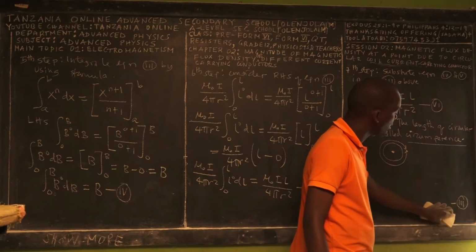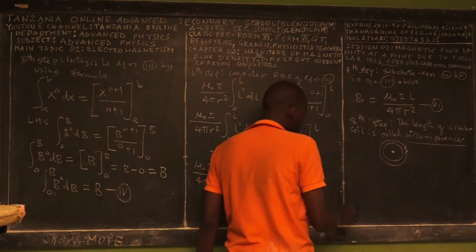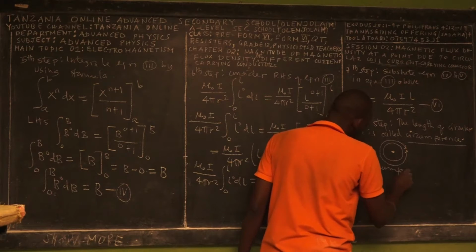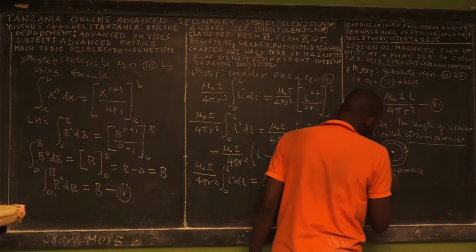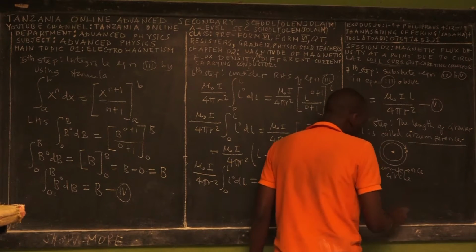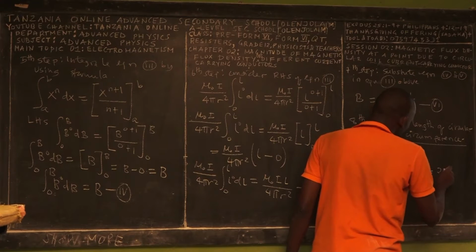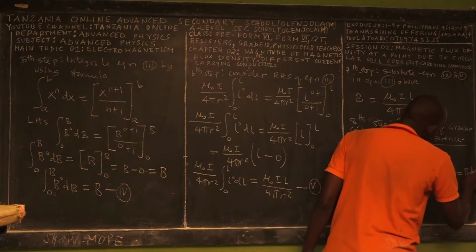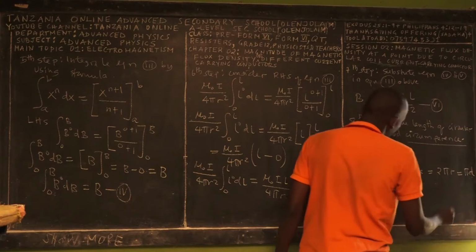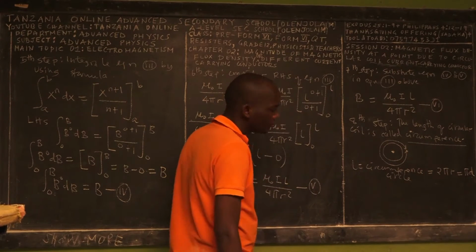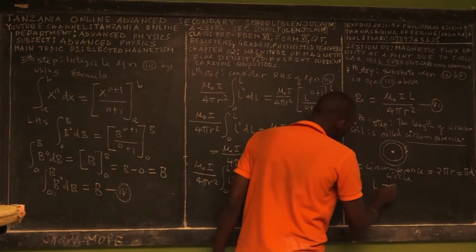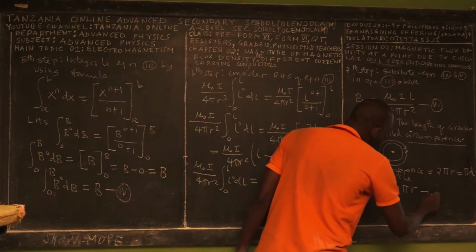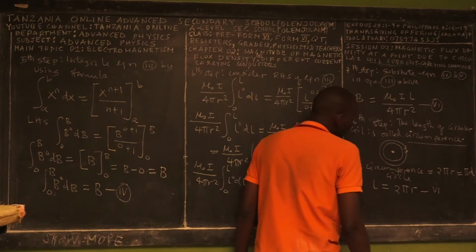So mathematically, the length, which is equal to the circumference of the circle, is given as 2 pi r, or pi d, where d stands for diameter and r stands for the radius. So the length of the circular coil is equal to twice pi r. This will make equation 7.